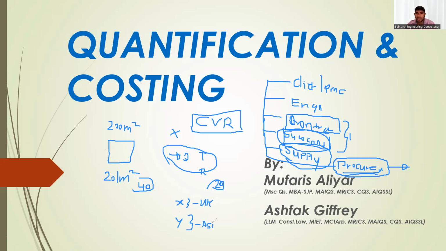After you receive the tender, you notice that the Asian company put 40 dirham per square meter for block work, and the European company put 60 dirham per square meter.